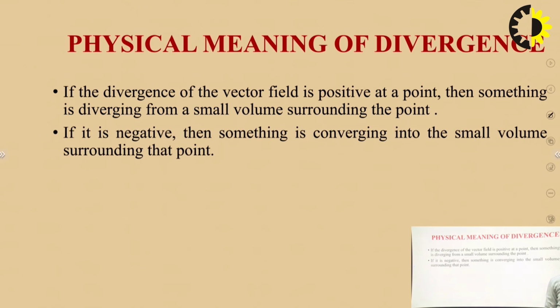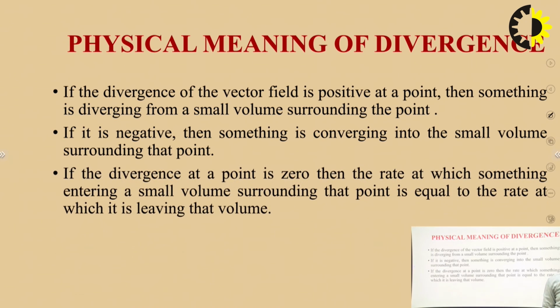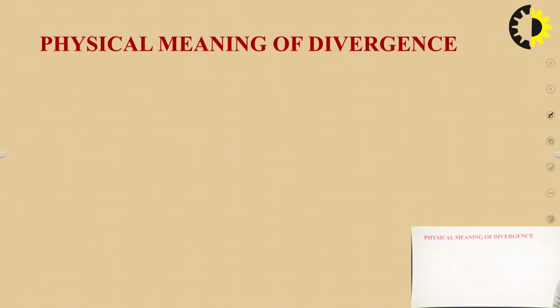And if it is negative, then something is converging into the small volume surrounding that point. If the divergence at a point is 0, then the rate at which something is entering a small volume surrounding that point is equal to the rate at which it is leaving that volume.